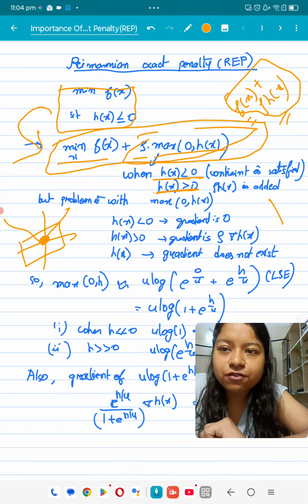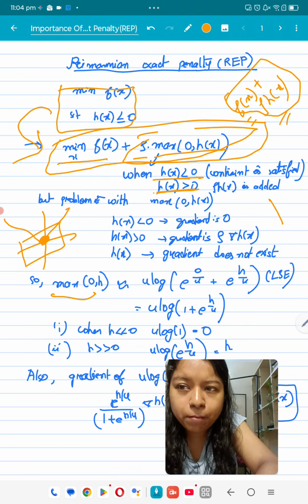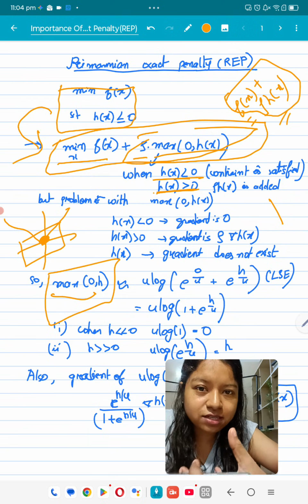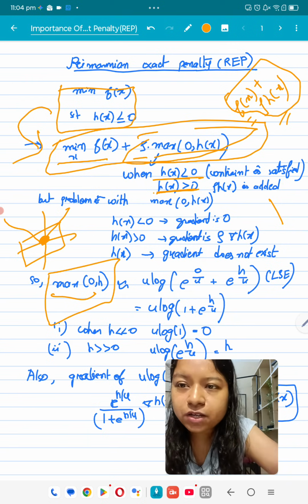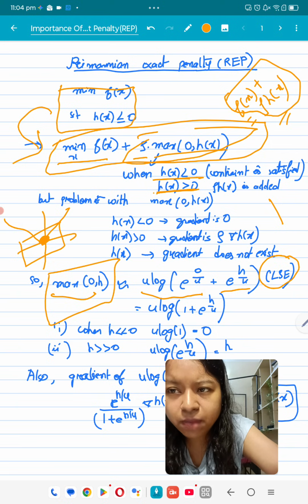That we learned in the earlier video, that we can convert a max operator, max of 0 comma h in our case, into the LHC term that we studied earlier. So u log of e to the power 0 by u plus e to the power h by u, this is the LHC part. So we successfully converted max of 0 comma h into u log of 1 plus e to the power h by u.